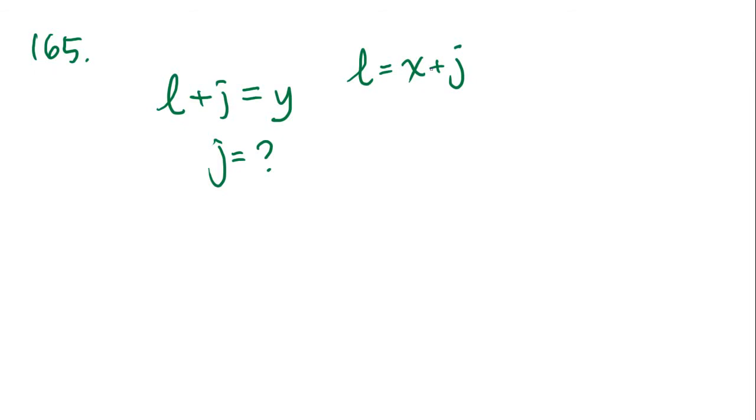Well, let's see here. Lois has X dollars more than Jim.